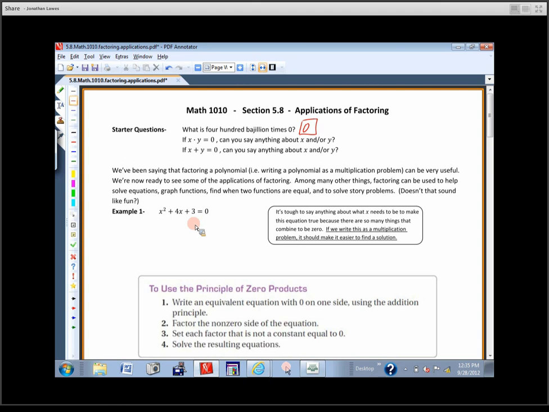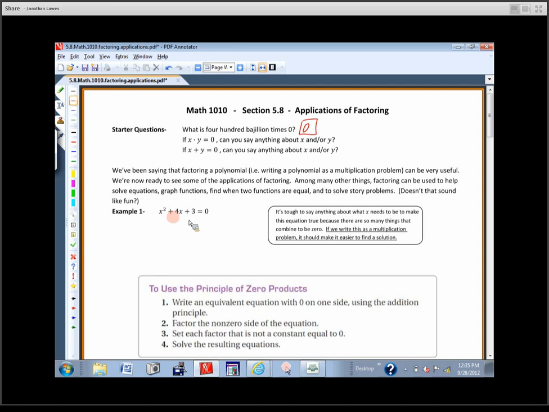Finding the answer to an addition problem that has an answer of 0, solving an equation, is a lot more difficult than solving an equation like this that's a multiplication problem that equals 0, okay? So right now, we're kind of like on this line right here. We've got it set equal to 0, but it's an addition problem. We don't know very much about those numbers. If I could turn that into a multiplication problem, I'd be in much better shape. And that's where factoring comes in.